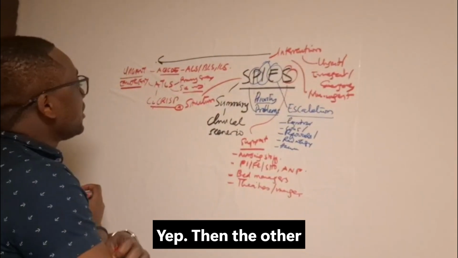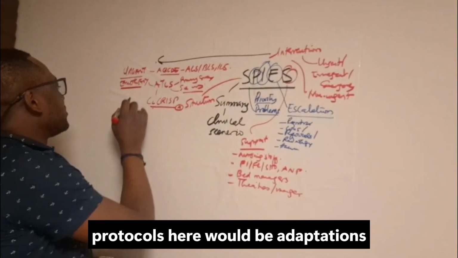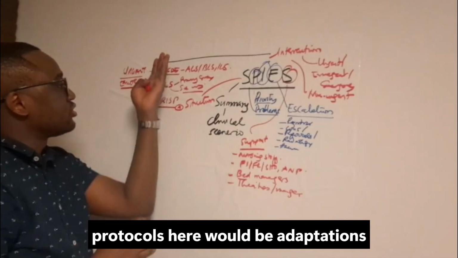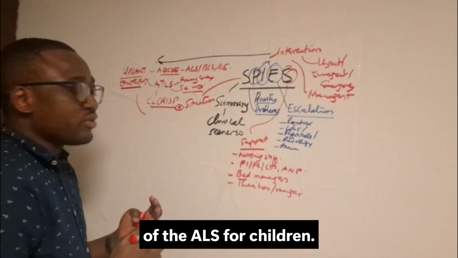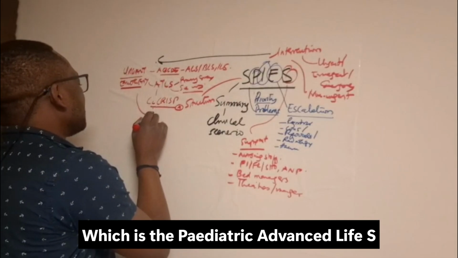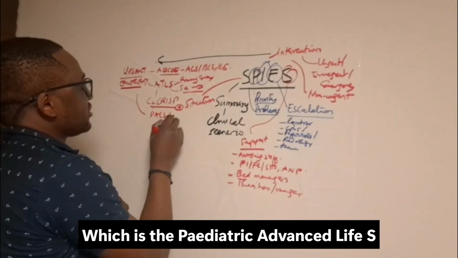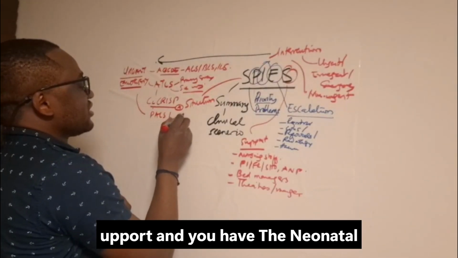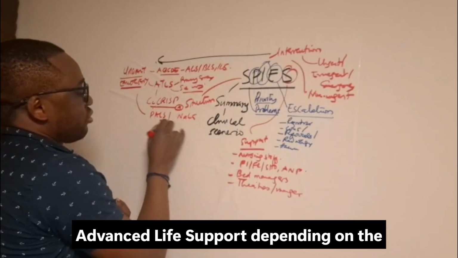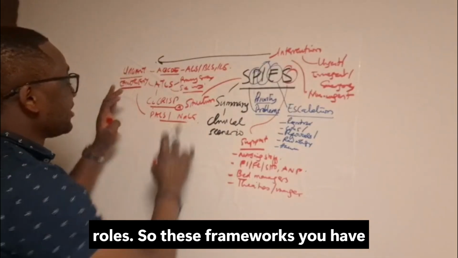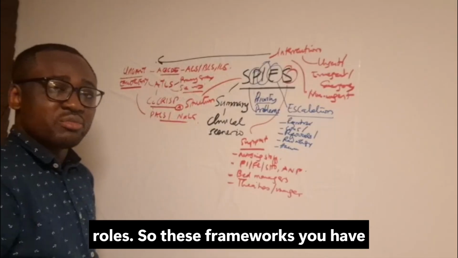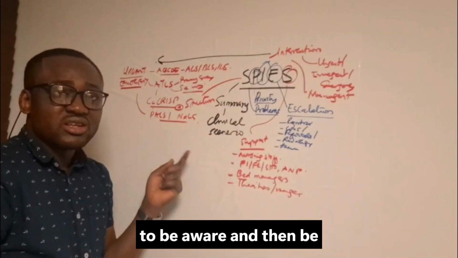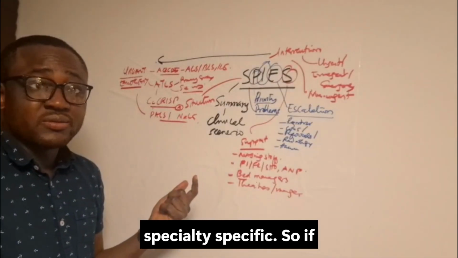Then the other protocols here would be adaptations of the ALS for children, which is the paediatric advanced life support, and you have the neonatal advanced life support, depending on the role. So these are frameworks you have to be aware of, and they will be specialty specific.